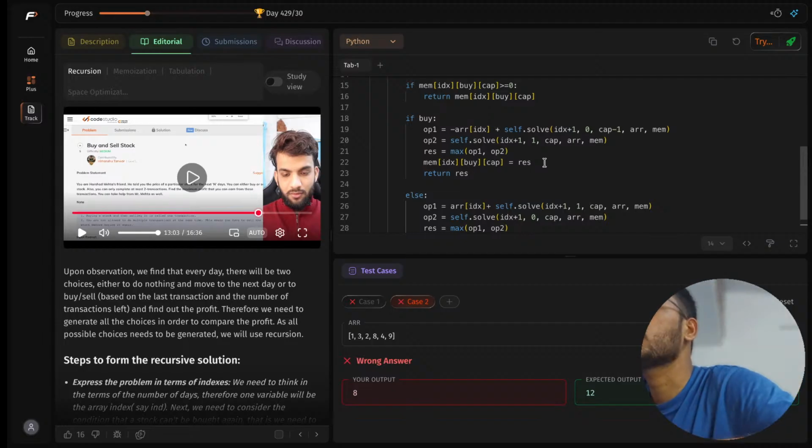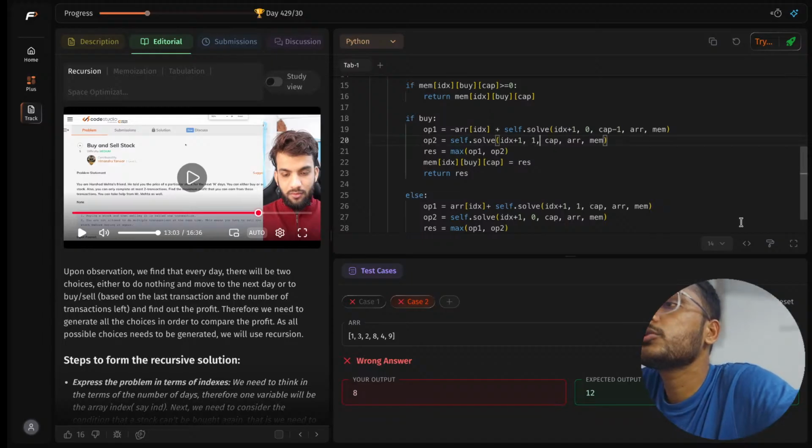Okay, if you are not buying, then capacity will remain 2, and you can see why I'm writing buy.